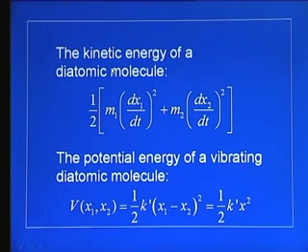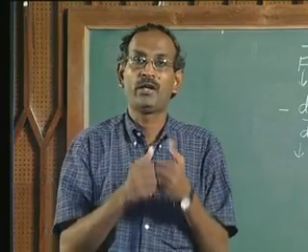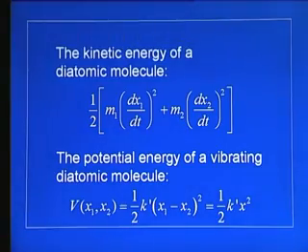The kinetic energy of the diatomic molecule as the two atoms vibrate about their equilibrium positions: as the two atoms move away from their equilibrium positions, the displacements x1 and x2 lead to the individual kinetic energies half m1 (dx1 by dt) whole square, the velocity of atom 1, and similarly for atom 2 with mass m2.